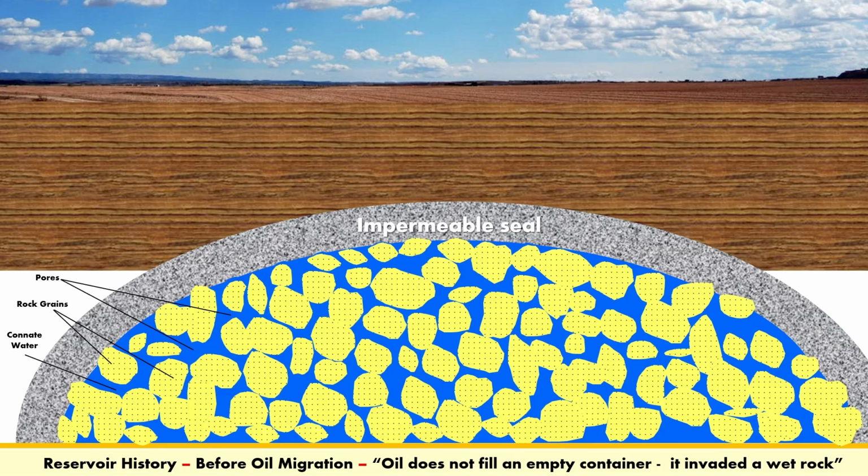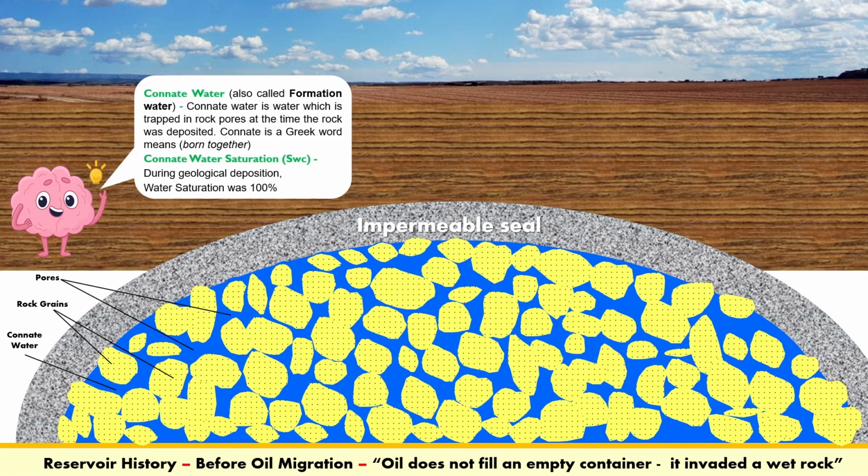Connate water is the water which is trapped in the rock pores at the time the rock was deposited. Connate is a Greek word, meaning bound together. So at that stage, the water saturation was 100%. All the pores were filled with water.